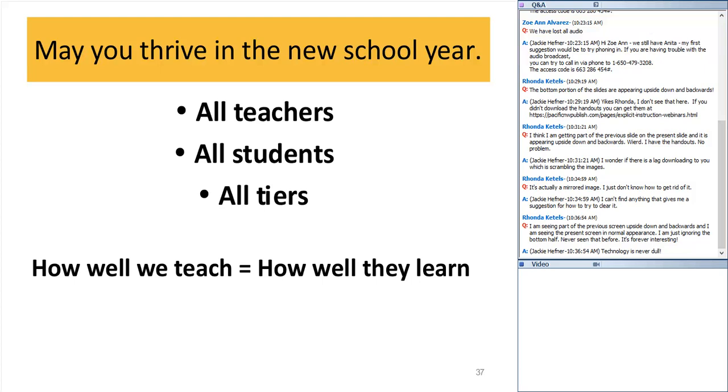And then I will release them back to Tier 1. But yes, I work with many populations where the Tier 1 instruction has to be, because of the background of the students, much more like Tier 2 and very intense for everybody.